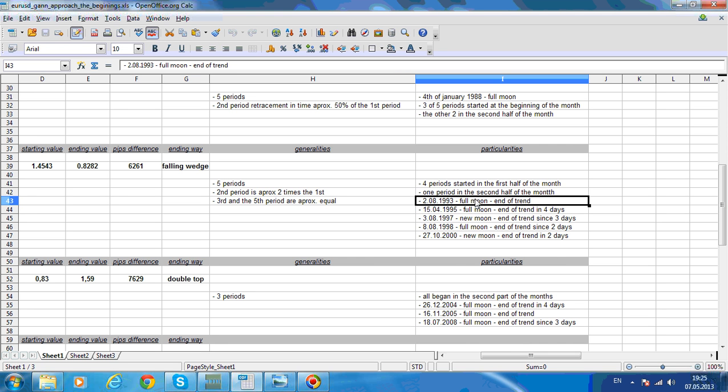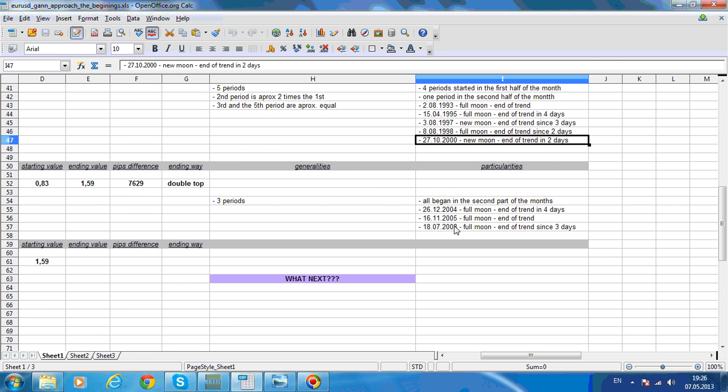So the whole cycle to the downside is composed of 5 different smaller trends, 5 different smaller cycles, and the full moon indicates the end of a trend. Then you have a full moon, end of trend in 4 days, end of trend in 3 days, end of trend in 2 days. This is a monthly chart, so it is an approximate turning point, plus minus 3 to 4 days. It is extremely important for trading.